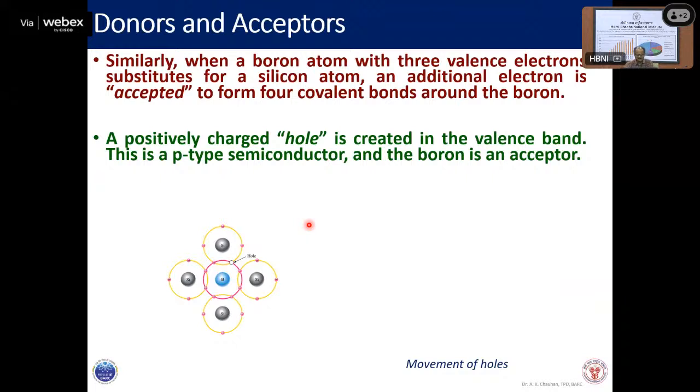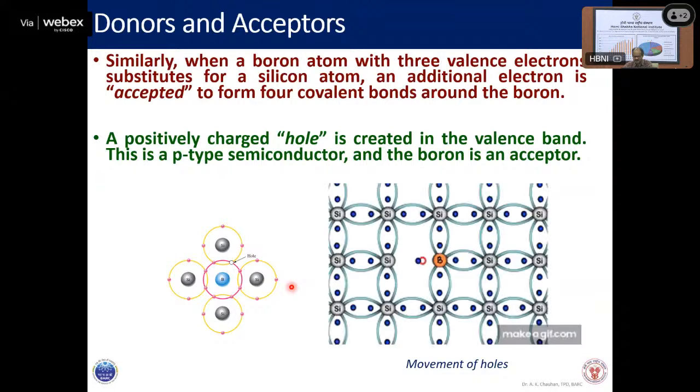All 4 are silicon, but if it can accept 1 electron from those silicons, it will become an octet here, and now this vacancy will move from this point to that point. So though there is no boron there, there is a vacancy because one electron from the silicon bond has moved to this particular boron.